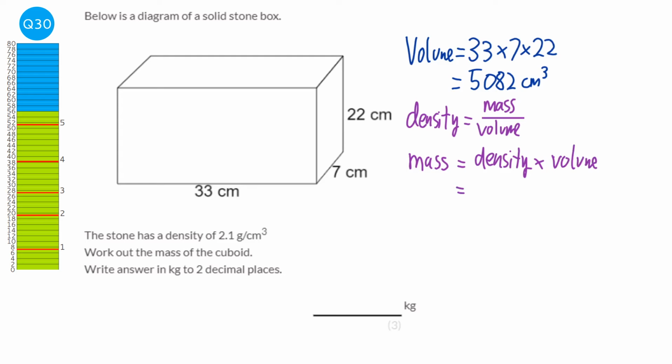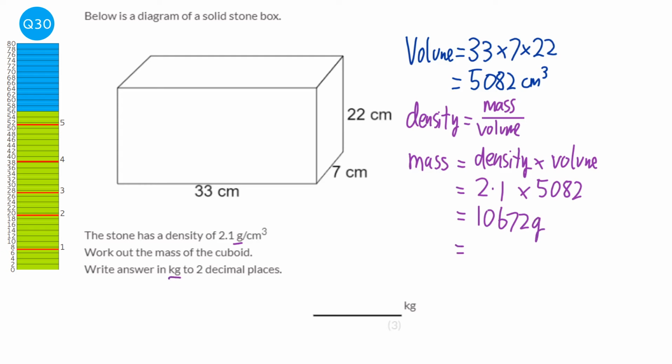Density is given to us in the question as 2.1 grams per centimeters cubed. Times that by the 5,082 for the volume, and we get the answer of 10,672. And that will give us grams, because our density is in grams, but the answer is asking for kilograms.